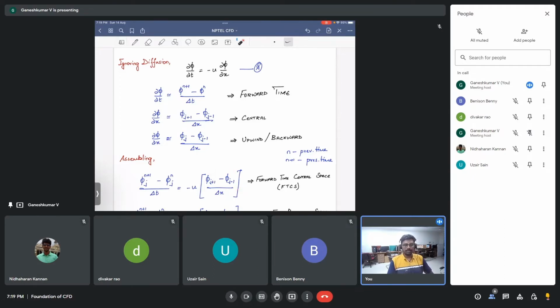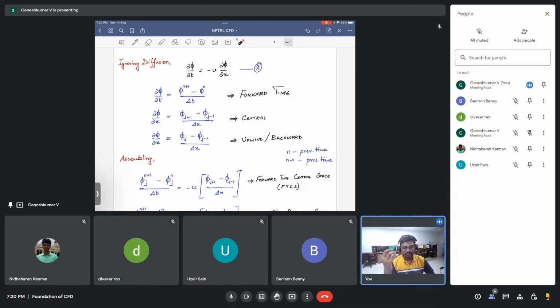What I mean by explicit scheme is, if you are integrating with respect to time, and the function here is evaluated at the previous time step, where we already know the values, right?